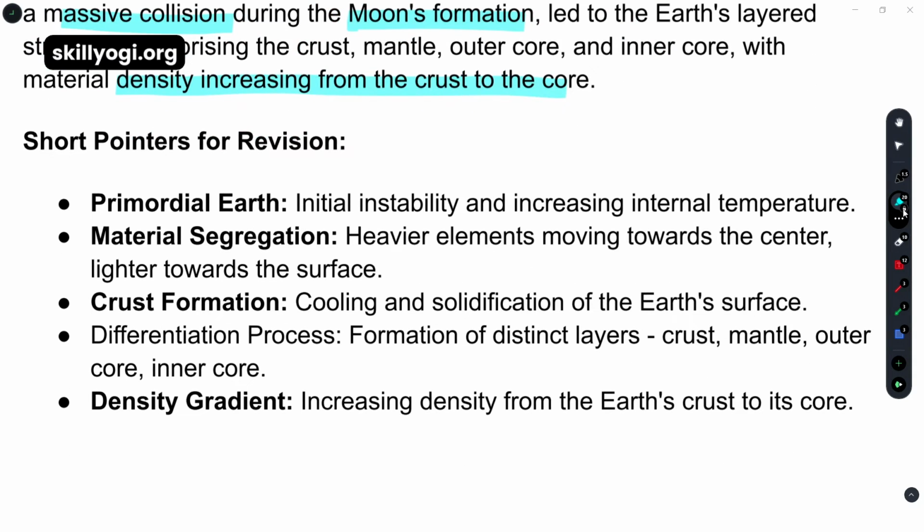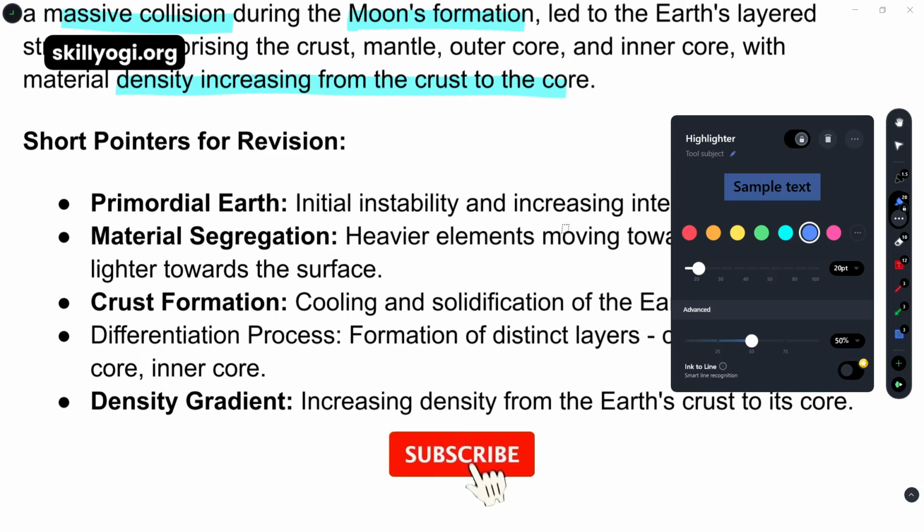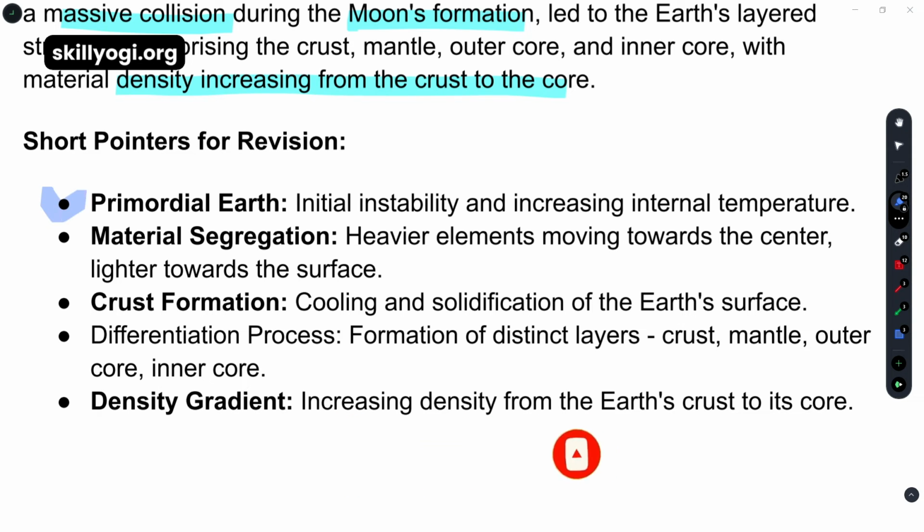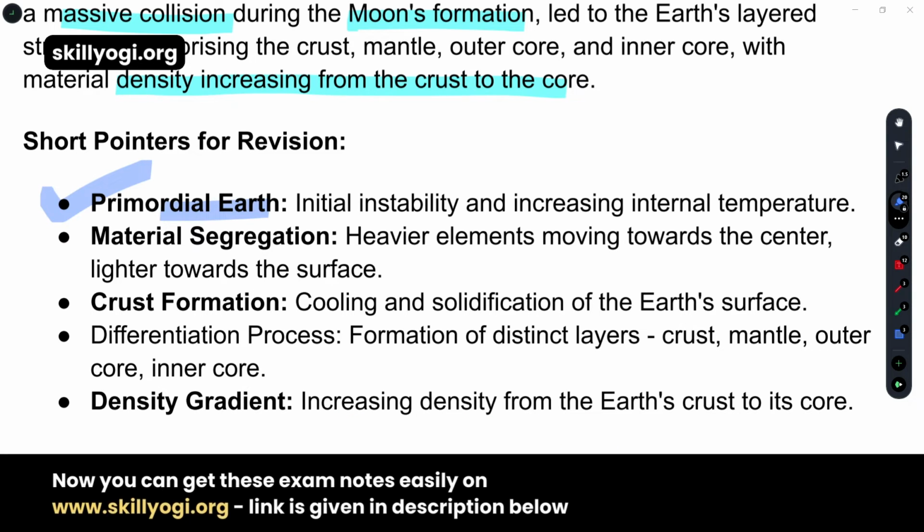Now in short points we are going to learn what is written over there. So what we have learned about the lithosphere evolution: the primordial earth, that means initially it was unstable and its internal temperature was increasing. At the initial state, the earth's temperature was very high. After that, material segregation.